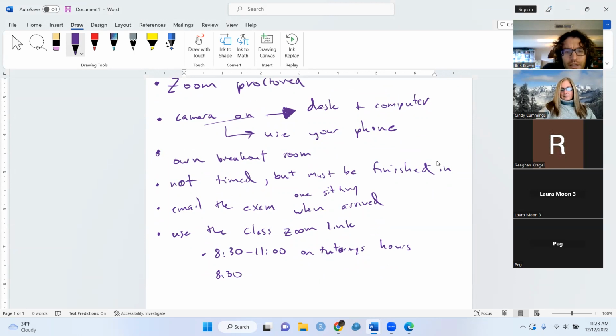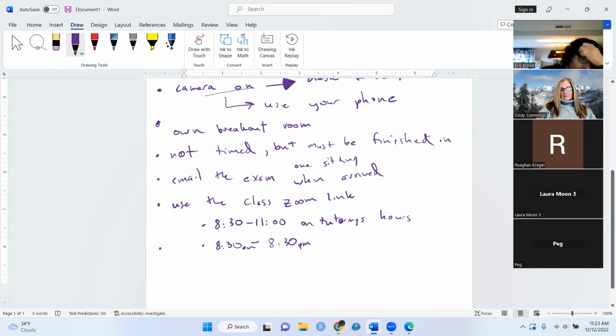So really, the window of time to take the exam is like 8:30 to 8:30. That gives an extra half an hour beyond our scheduled class time. But what you really mean is midnight. I know that's what was in my head, but I don't want to do that. But if I have to, I have to.